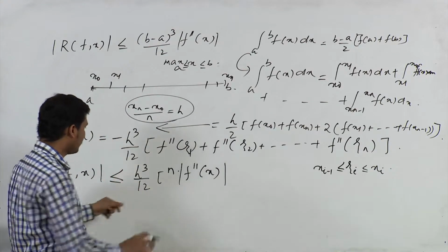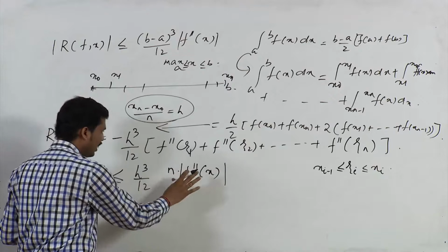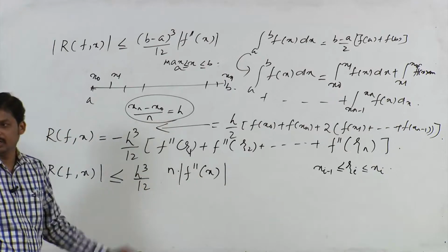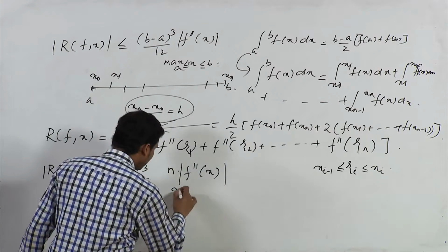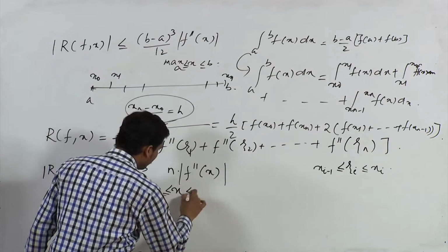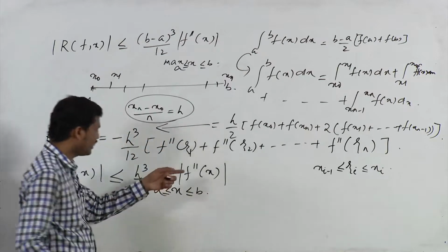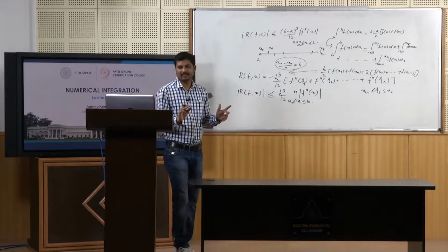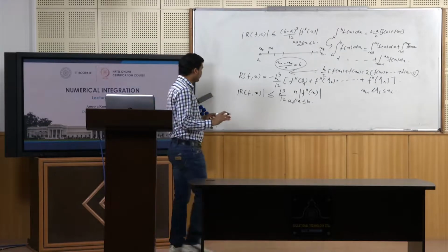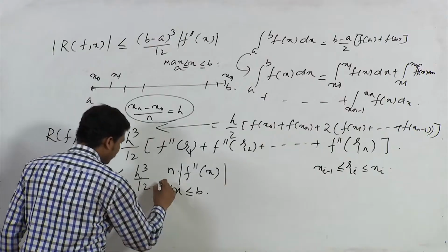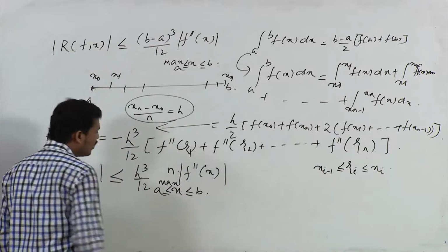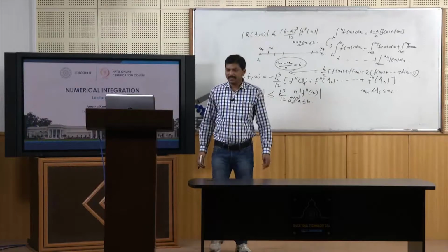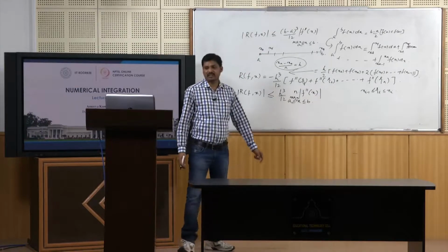So, we can take the absolute value of f double dash of x, where x lies between a to b. That can be taken as the maximized value of f double dash x within that range, so we write that as the maximum over x between a and b of the second order derivative.